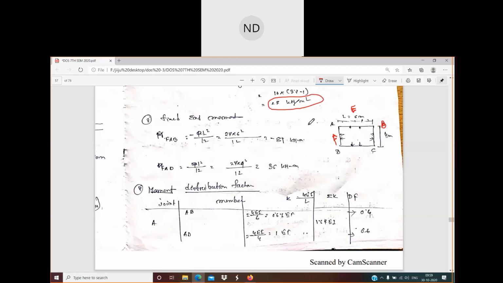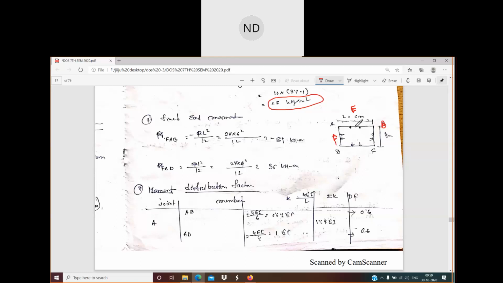This one, FAB, was anti-clockwise; now we will see clockwise, FAD and FDC.